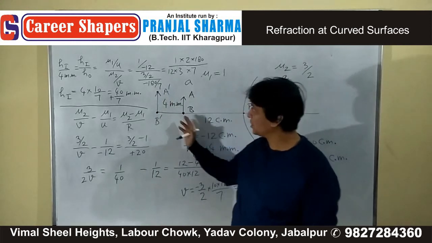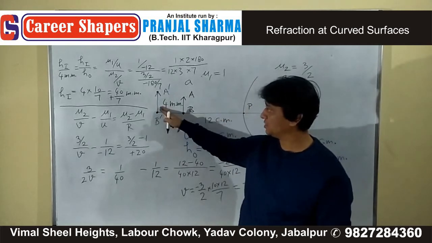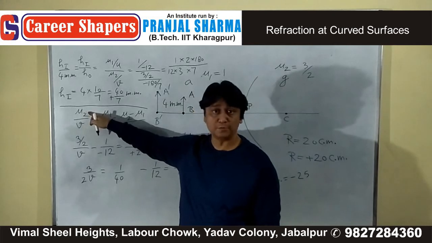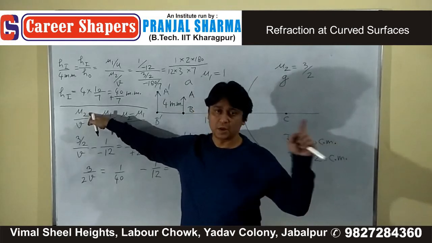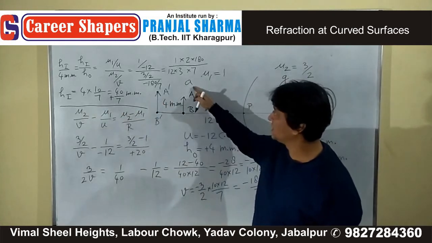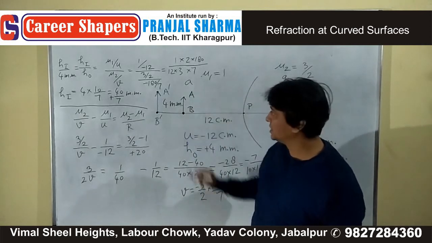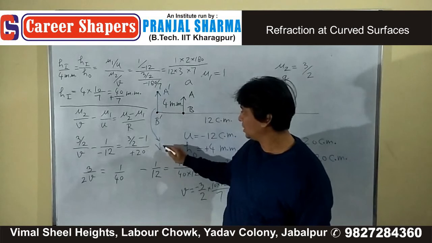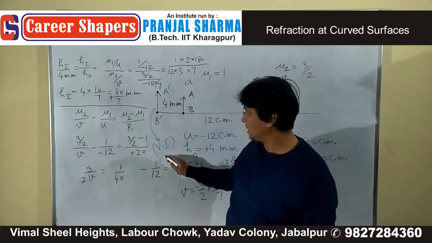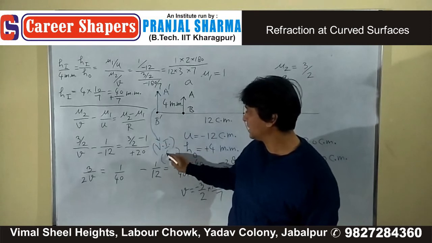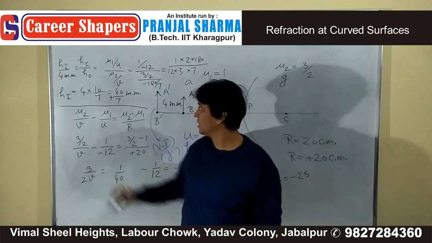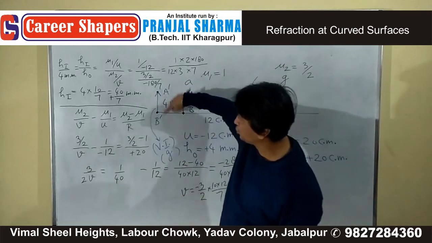The last thing left: since this image belongs to mu2, which is glass, but it appears in air, that means this image is a virtual image. It is being formed in glass, and therefore you cannot show it like this.